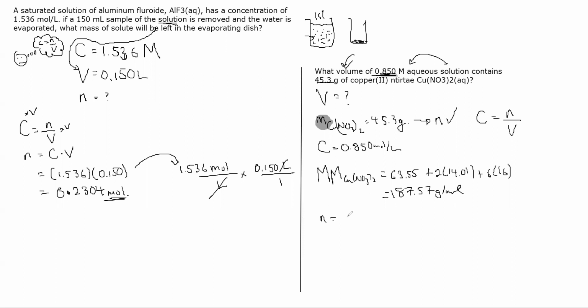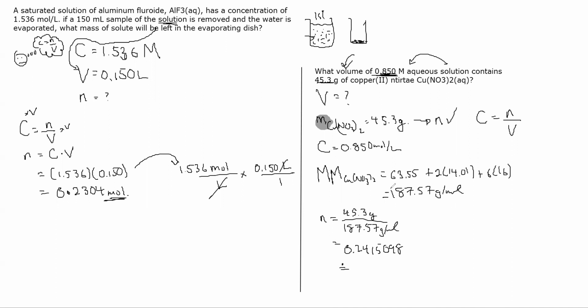That means the number of moles is 45.3 grams divided by 187.57 grams per mole, which is 0.241509, and so on and so forth.